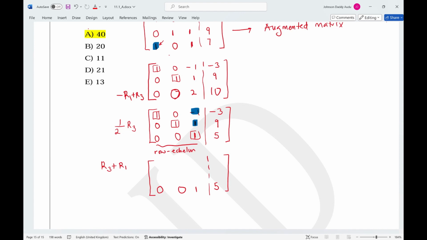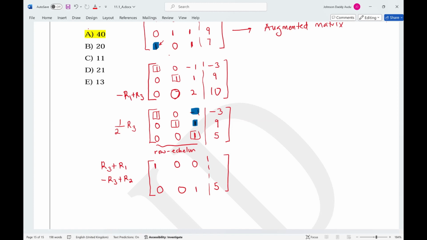For row 2, it's going to be minus R3 plus R2. So this is still 1, this is still 0, this is 0. Then minus R3, so you have minus 5, then minus 3. No, I think for row 1, we're just adding, so there is no need for minus, because it's just R3 plus R1.